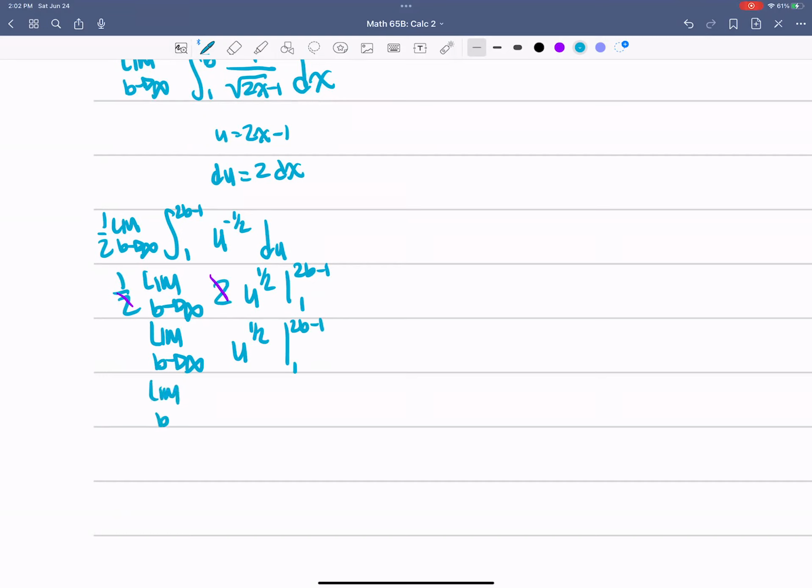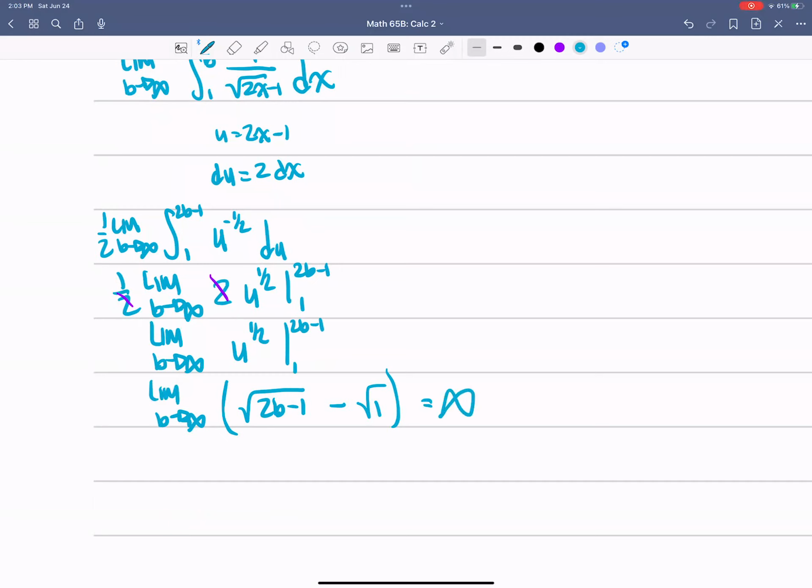So what we have is the limit as b approaches infinity of the square root of 2b minus 1 minus the square root of 1. And this goes to infinity.